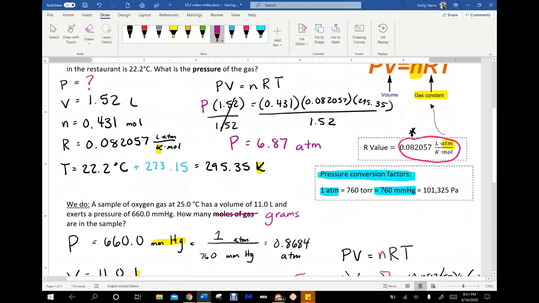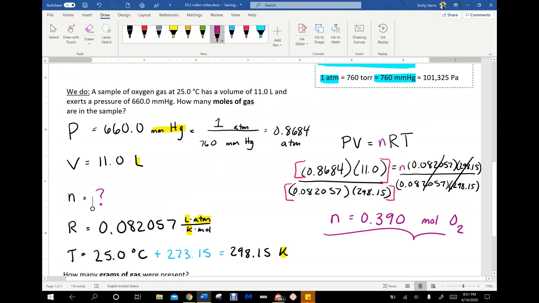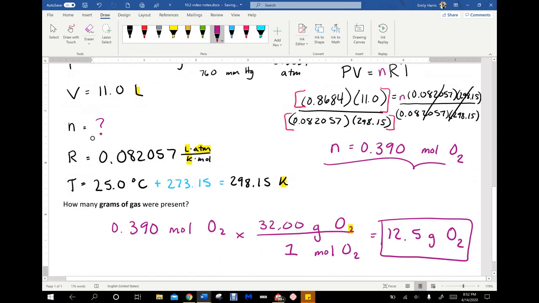So if you're ever asked for grams, go ahead and solve for moles first, then use the molar mass to convert to grams. Or, for example, if they tell you the number of grams, then you can convert from grams to moles and then plug in the moles for the variable n within the equation.